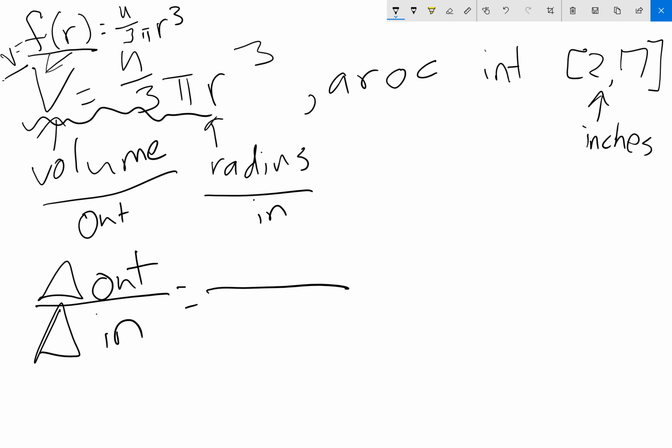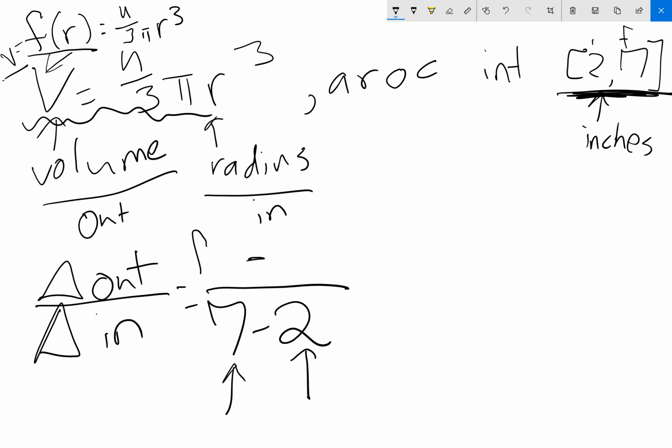Okay, so as always, we can already find the change in the input, final minus initial, so 7 minus 2. Now we need to do the change in the output, final minus initial. So we're going to do f of 7 minus f of 2, right? The output of the function when the input is 7 minus the output of the function when the input is 2.